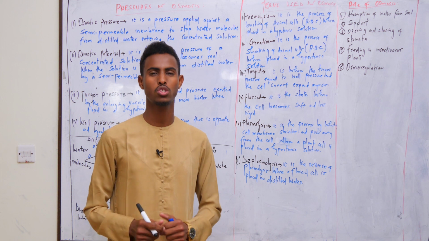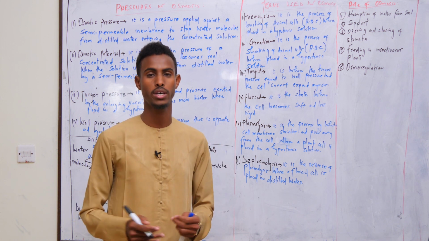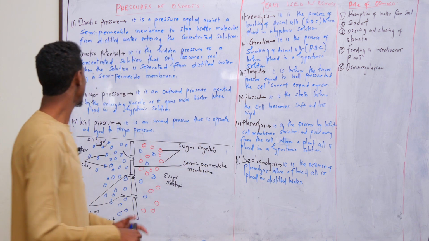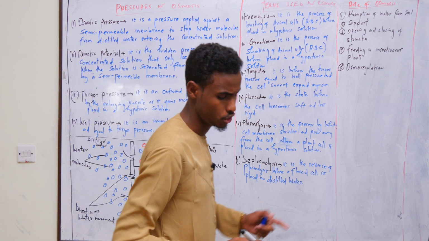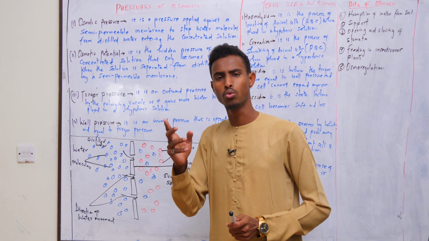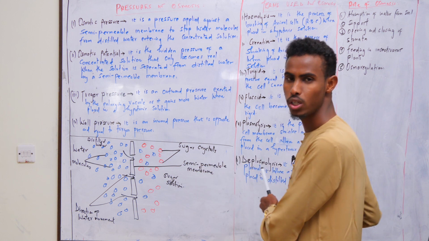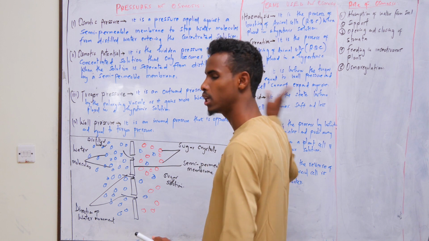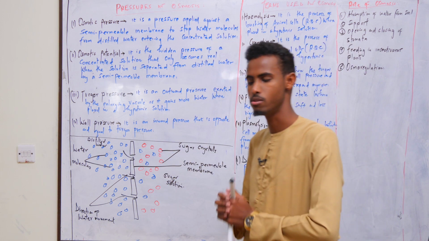And we have an isotonic solution, a solution in which both the solute and the solvent are at equal measures, hence equilibrium. Now class, we know that water moves from hypotonic solution to hypertonic solution, or rather from the lowly concentrated solution to the highly concentrated solution through the semi-permeable membrane.